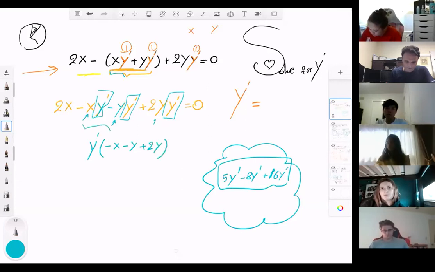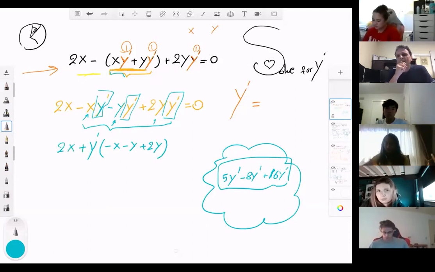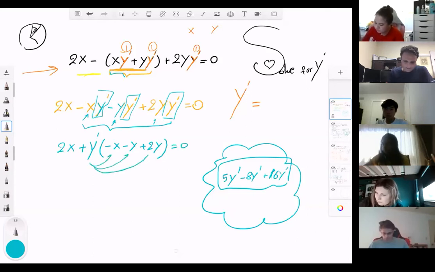This is the story about these three terms, and we have plus 2x. I factor the y prime, not negative y prime. This is equal to 0. If I multiply back, I will get exactly the same as these three terms.